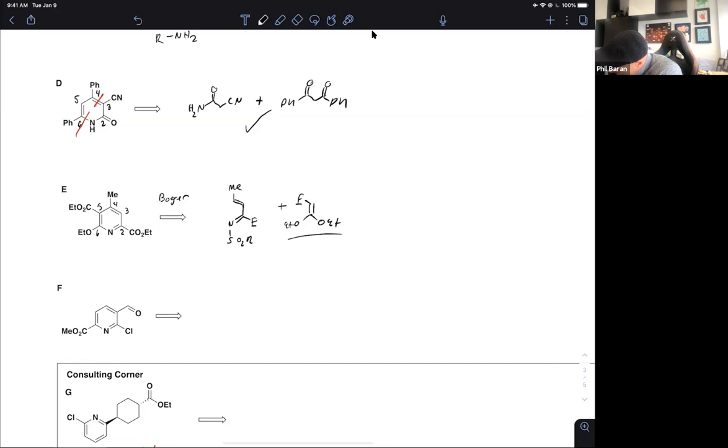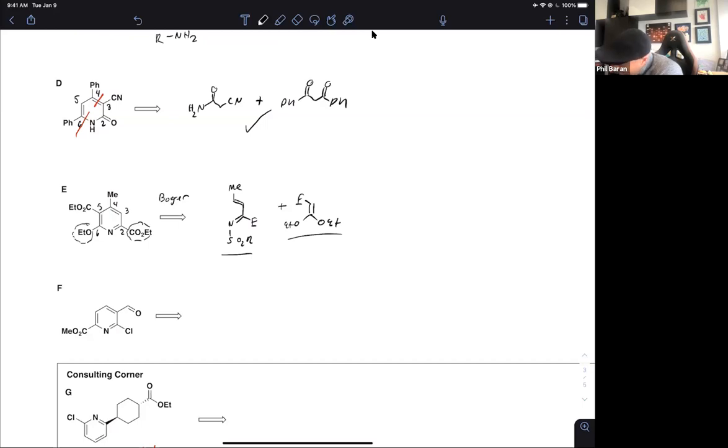This is easily made. Dump those together, and you get out the product very quickly. Can't think of a better, faster way to make that compound. And your signaling element for it, at least for me, is that group there and that group there. And yeah, great. How about F?